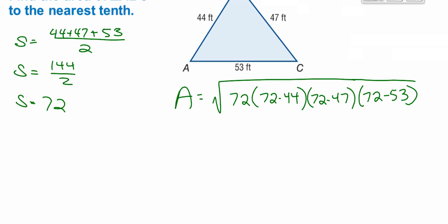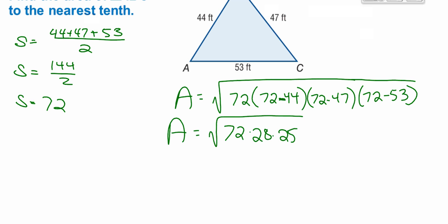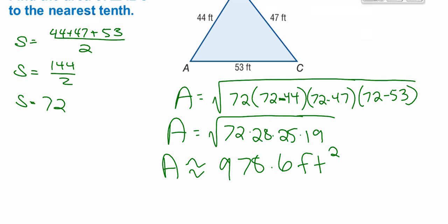Your calculator can handle typing it in that way, or you can figure out those differences as you go: 72 times 28 times 25 times 19. So A is approximately 978.6 square feet. That's the simple Heron's formula that we can use.